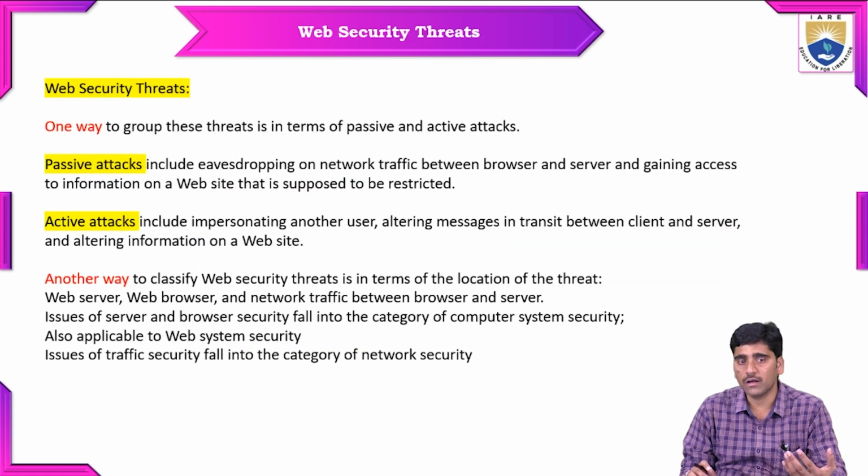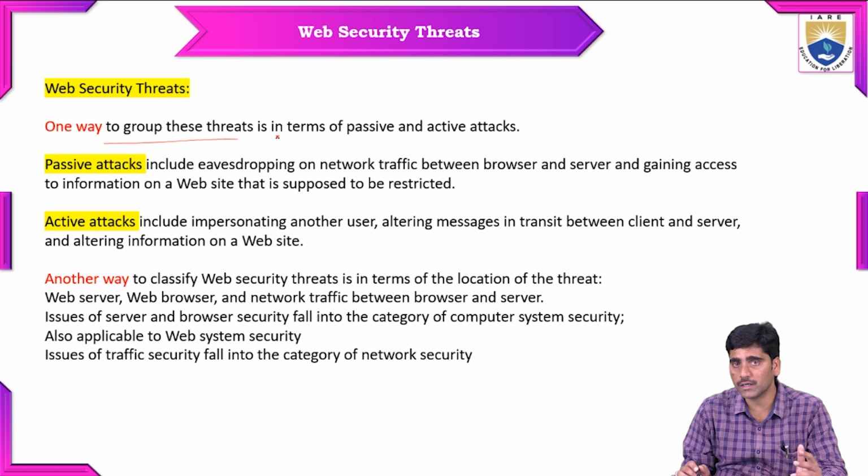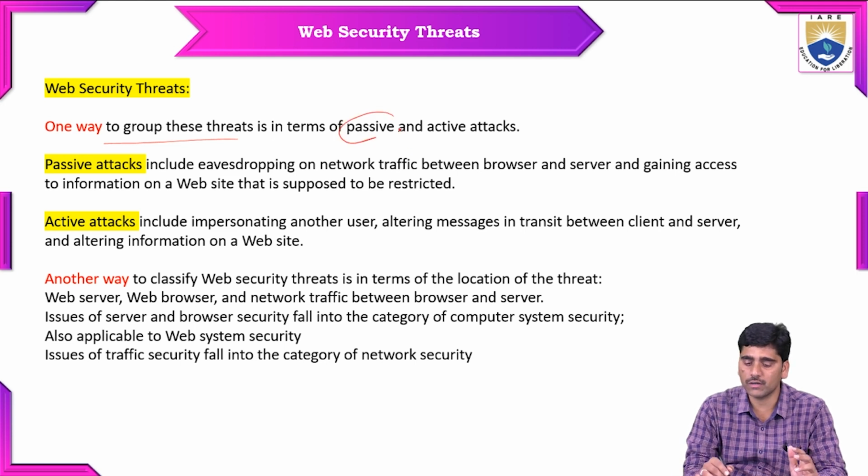And here, how are the security threats categorized? There are two ways the security threats against the web are categorized, covering different types of attacks. One way to group these threats is in terms of passive and active attacks.